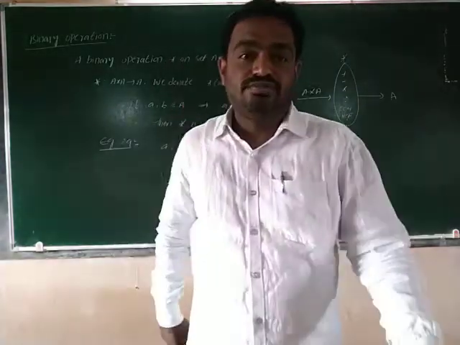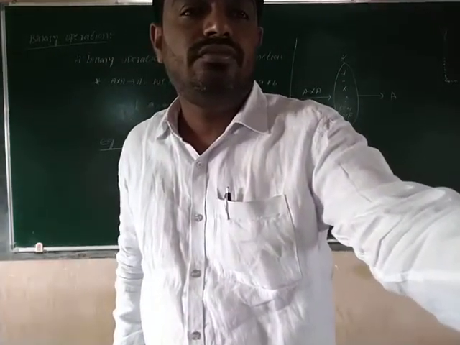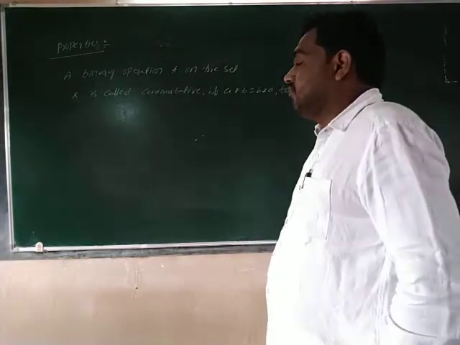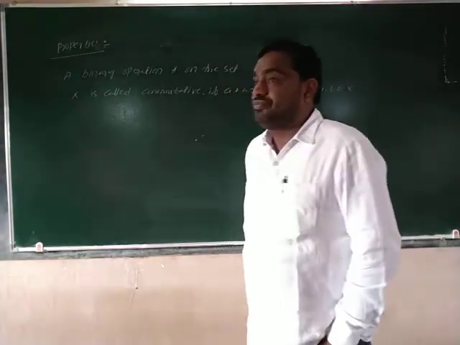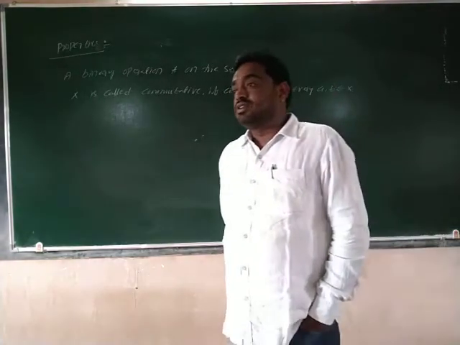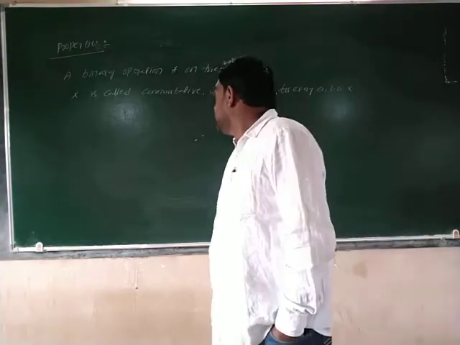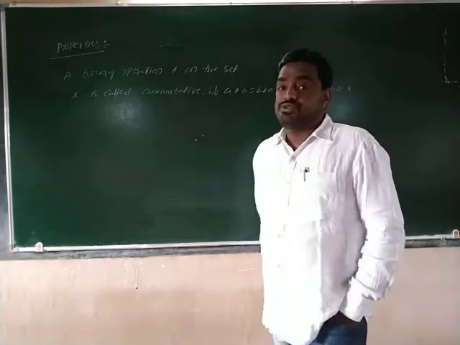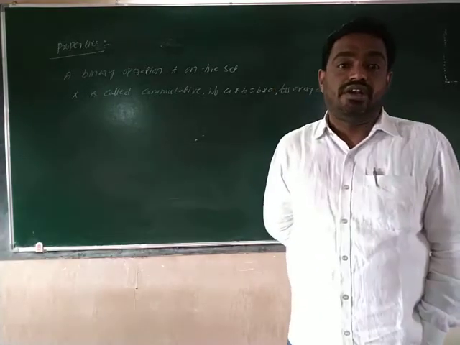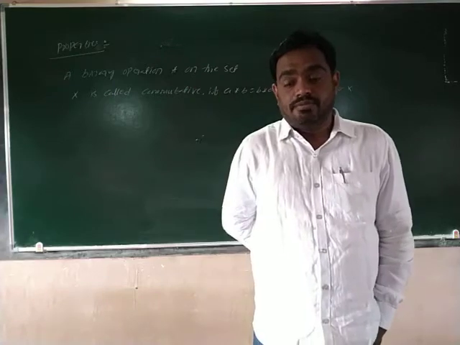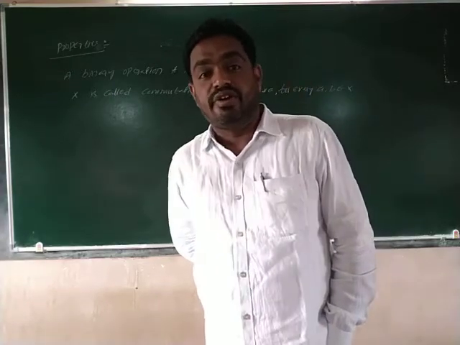Next, we will discuss properties. In properties, we are discussing commutative, associative, existence of identity, and inverse. These definitions are very important, and they ask for them as 1 mark questions.